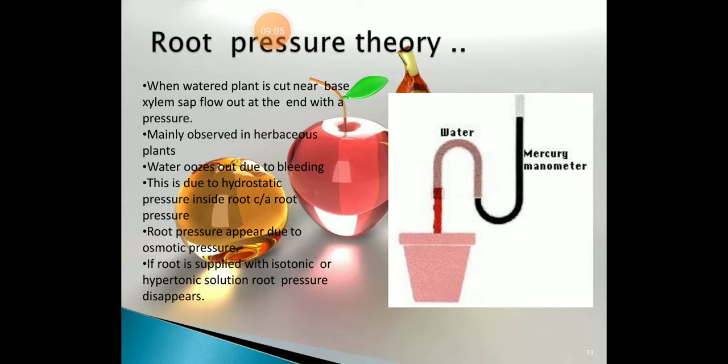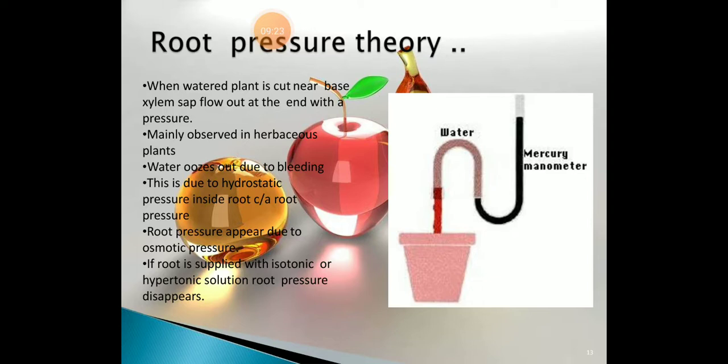Another theory is the root pressure theory. When pressure is created in the root, it helps the upward movement of water, the ascent of sap. This was explained with the help of a mercury manometer.